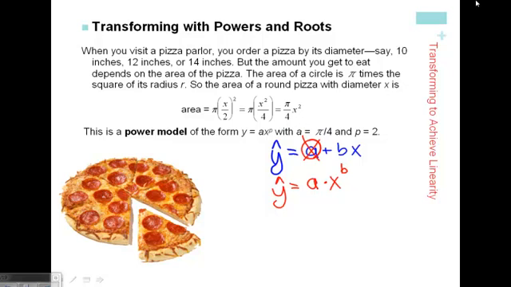And if I knew what the constant A and the constant B was, then I'd be able to calculate, based on diameter, the area of the pizza. In this case, because area of a pizza has a square in it, I'm going to guess that that value of B is the number 2.